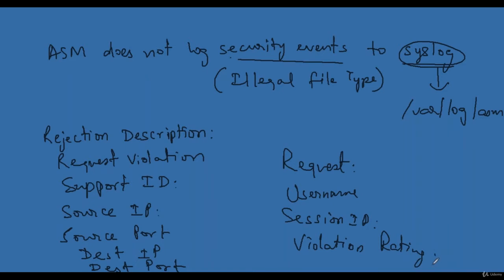Now, for troubleshooting purposes, if you want ASM to log these events locally on the appliance itself, then there is an internal parameter which needs to be modified. Ideally, in a production environment, it is not recommended. But if you are trying to troubleshoot some specific issues, you can do that based on confirmation from F5 support.